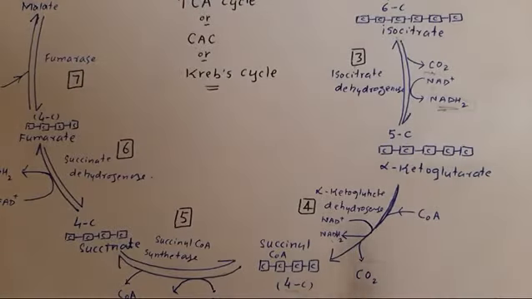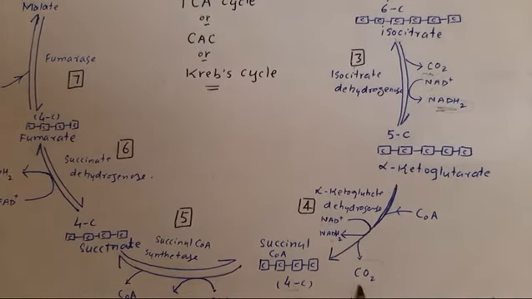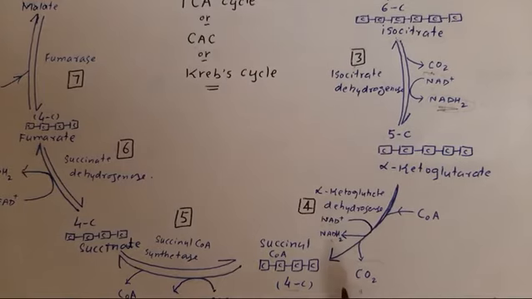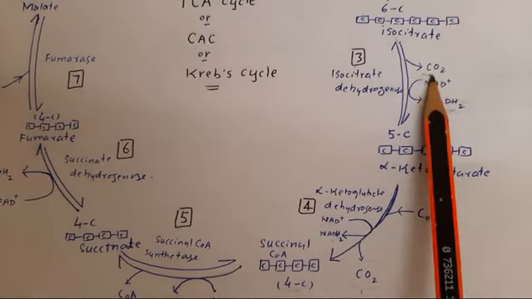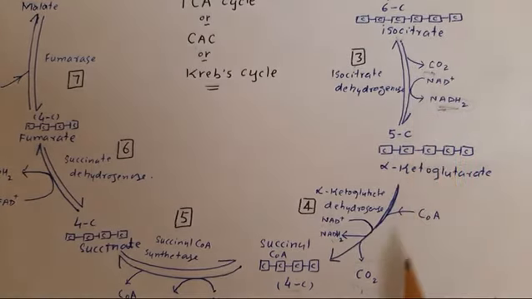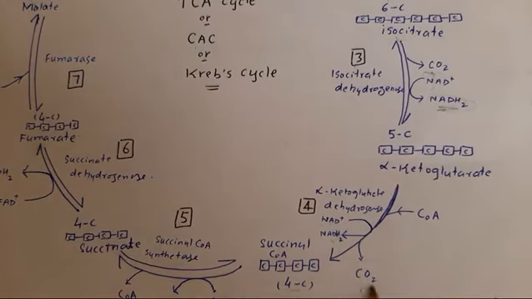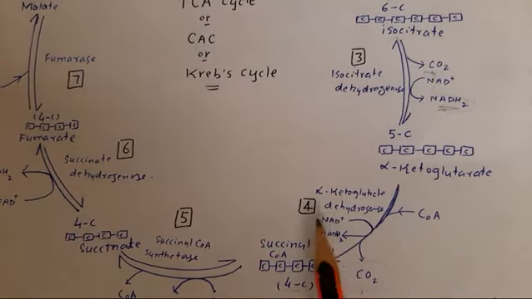As you are looking, this is the second carbon dioxide molecule produced in the Krebs cycle: one carbon dioxide molecule in the third step, and now the second carbon dioxide molecule in the fourth step, right?